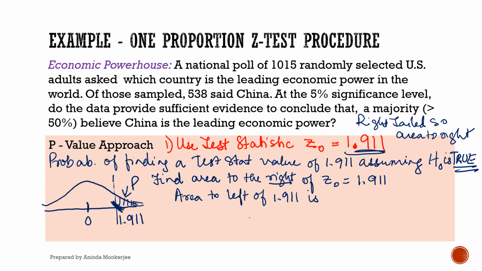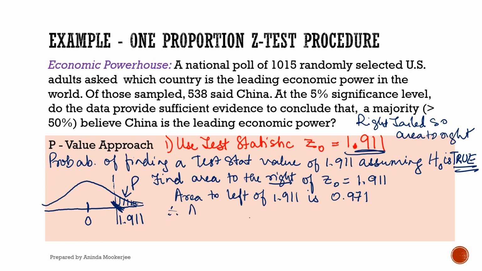Let me look up my table here. It's 0.971. All right, therefore, let's write that on the next line.